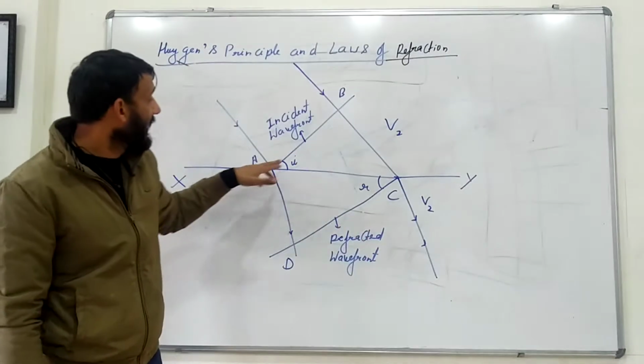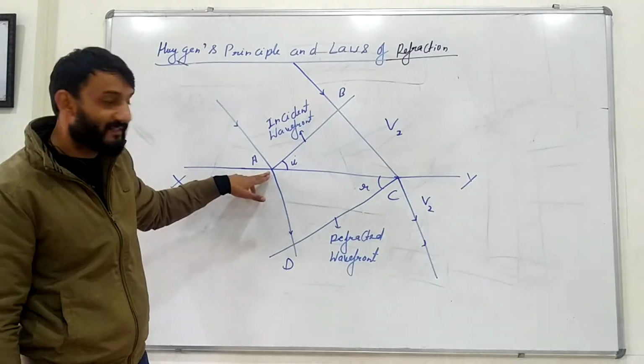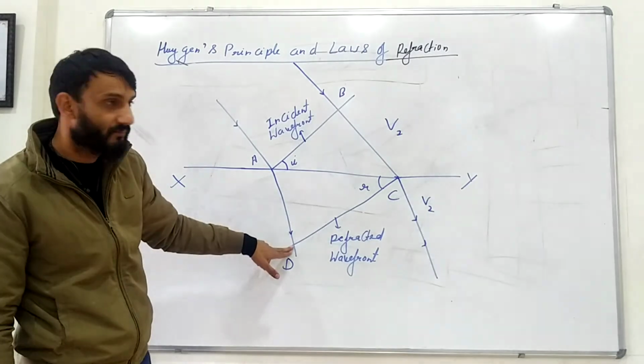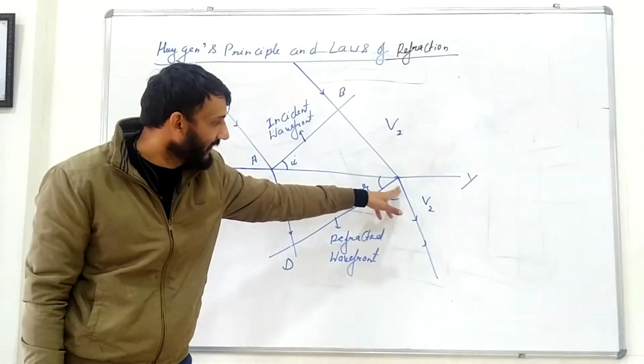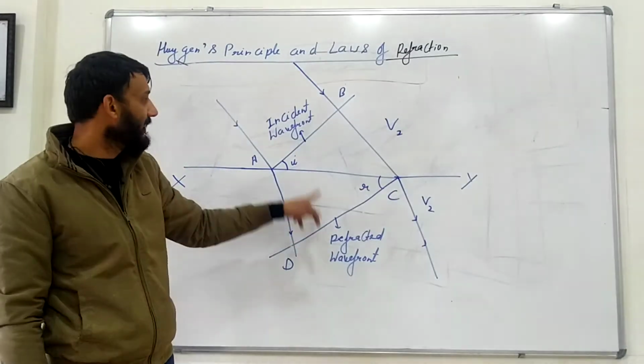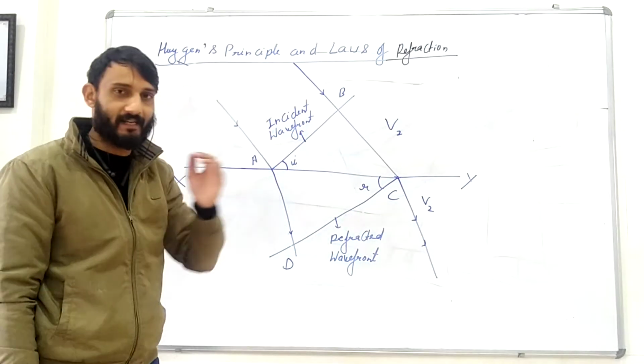This wavefront started striking the interface at a point, so it reached here, and this point has reached here along with the light rays. CD is the refracted wavefront and the incident wavefront is AB. This is angle I and this is angle R, right?